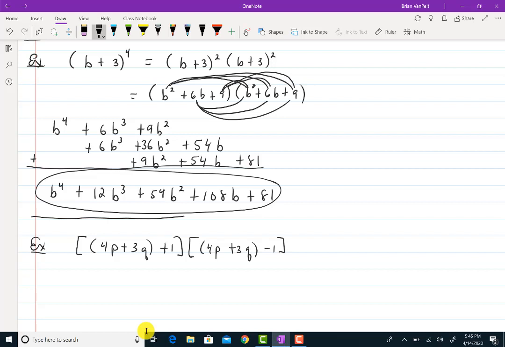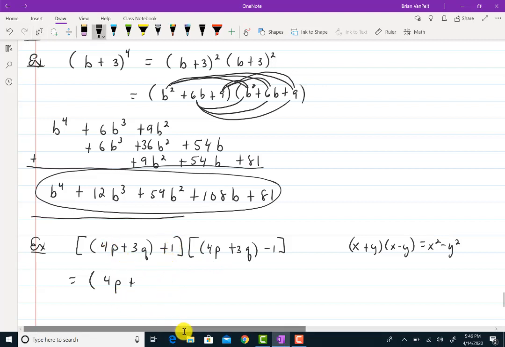Well, you can see it's got the difference of squares format in it. So if we have x plus y times x minus y equals x squared minus y squared, the system here is this 4p plus 3q is playing the role of x, and the y is being played by 1. So I'm going to get 4p plus 3q, that thing squared, minus 1 squared.